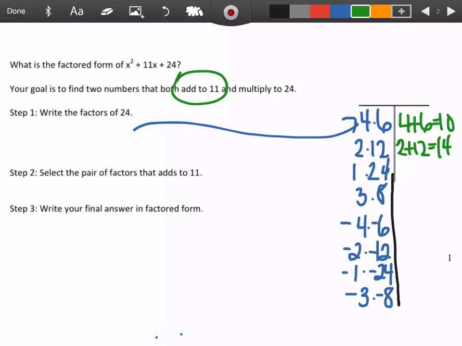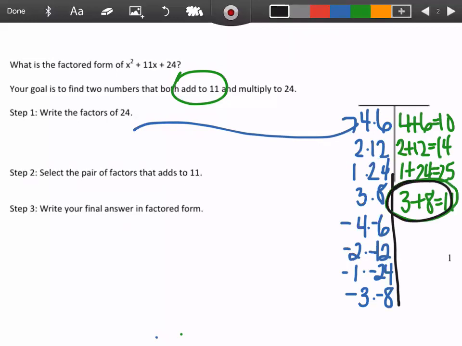And once you get really good at this, you won't even need this t-chart. So 1 plus 24, we get 25. 3 plus 8, that equals 11. We could keep going, but we know that we wanted something that added to 11. So these two numbers, 3 plus 8 equals 11.